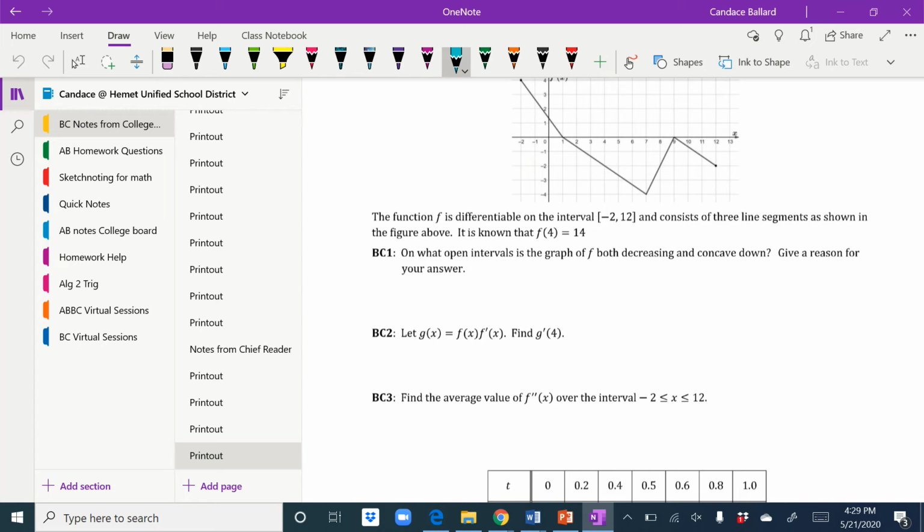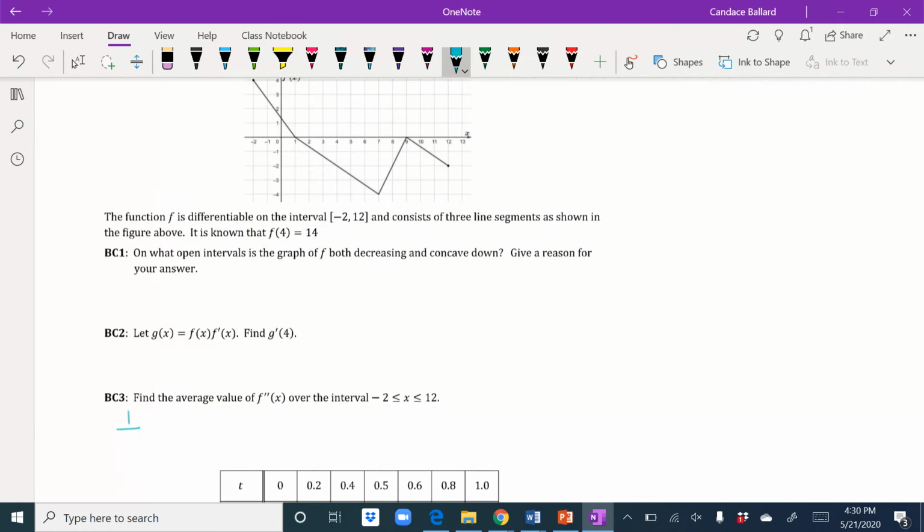One over... The initial condition? No. Your average. Okay.